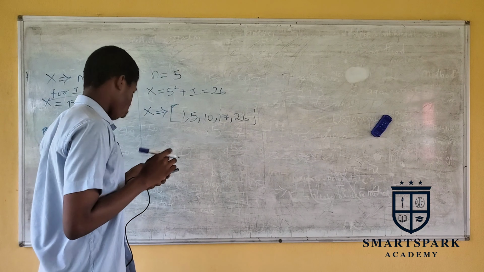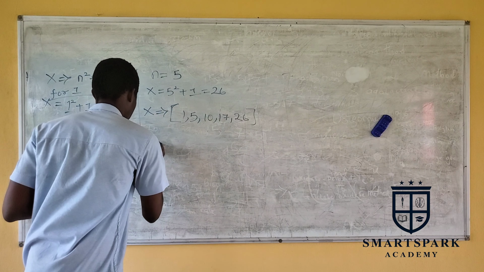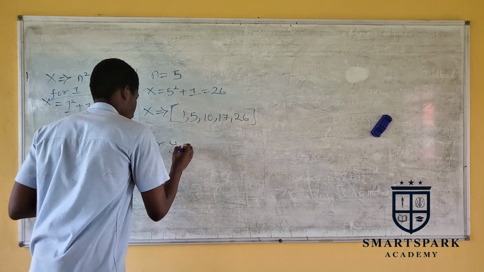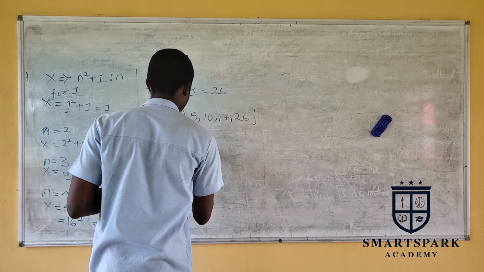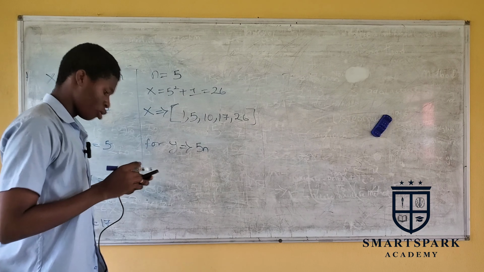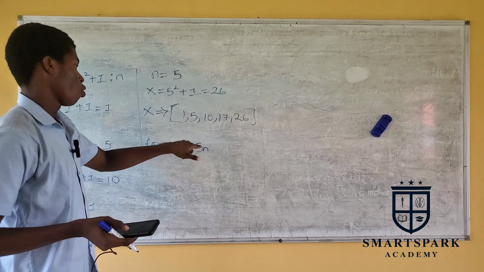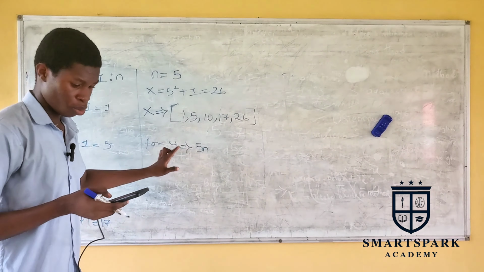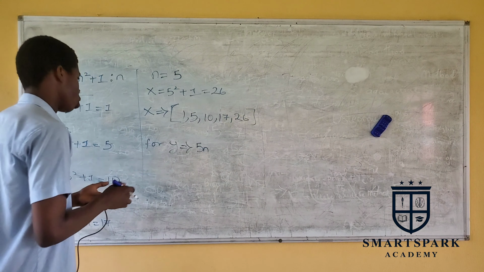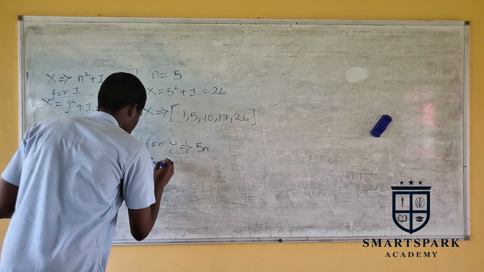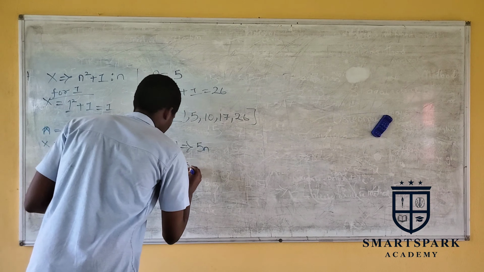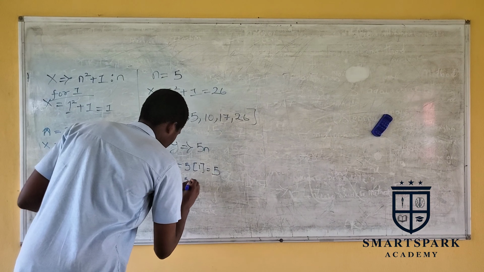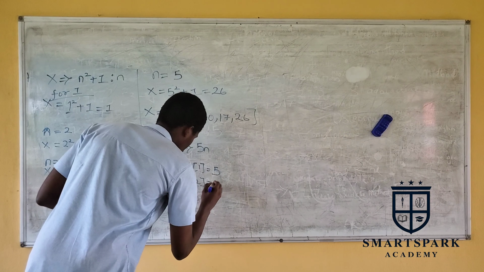So now for y, we have 5n. This is the formula we are using to denote y. All our values, we are going to input into this. For n equals 1, 2, and so on, we are going to do the same thing that we did for x to get all our y values. So for 1, 5 times 1 is equal to 5. 5 times 2 is equal to 10.